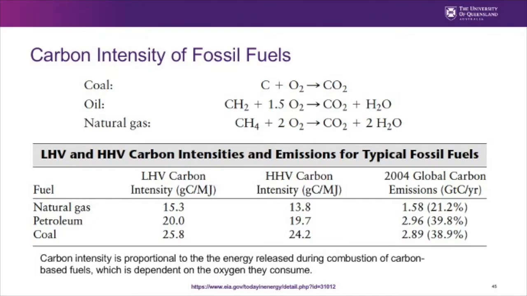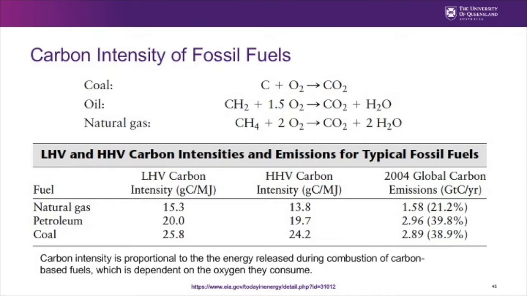Here we have coal, oil, and natural gas as examples. Then we're going to need the low heating value or the high heating value. If we use the high heating value, it also represents the energy of condensation of the water vapor. If we use the low heating value, we'll not consider this latent heat, okay?